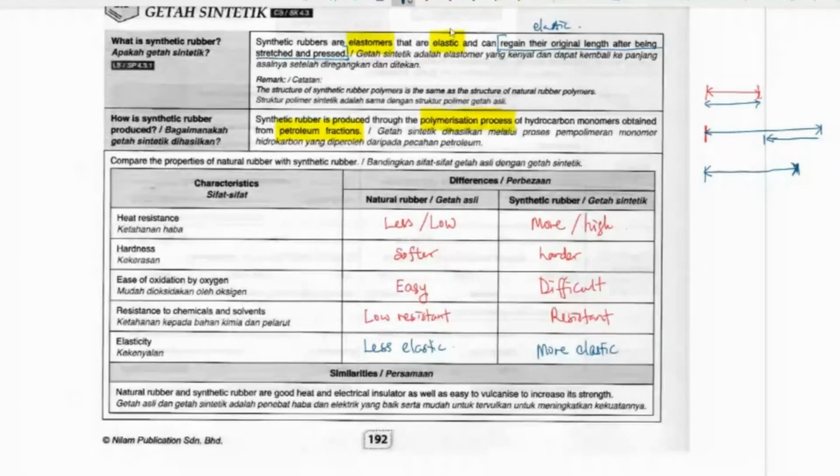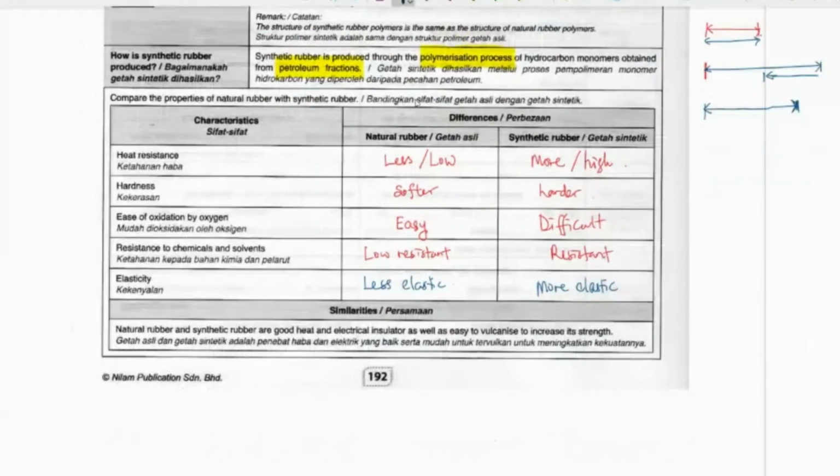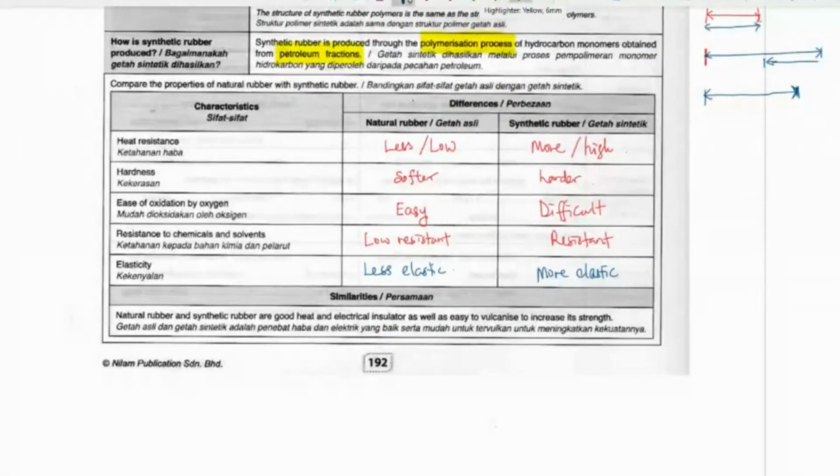The natural rubber cannot return to its initial length. It can return a bit, but it is not able to return to the original one. But the synthetic rubber normally can, so it is more elastic. Class, any question you want to ask? Is that okay? Or later we'll see some questions.